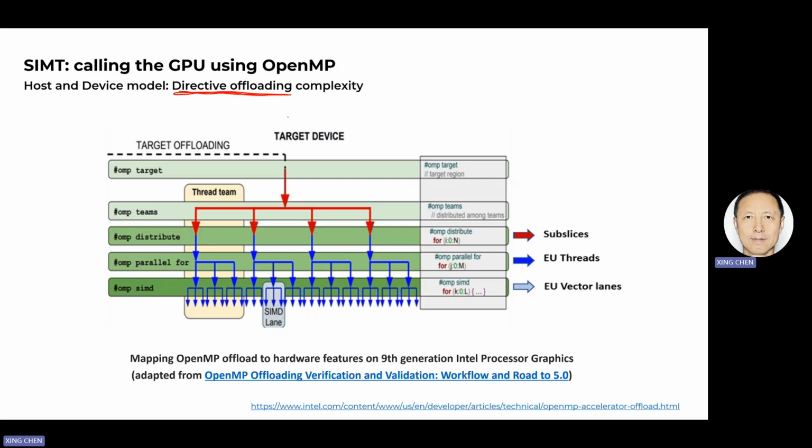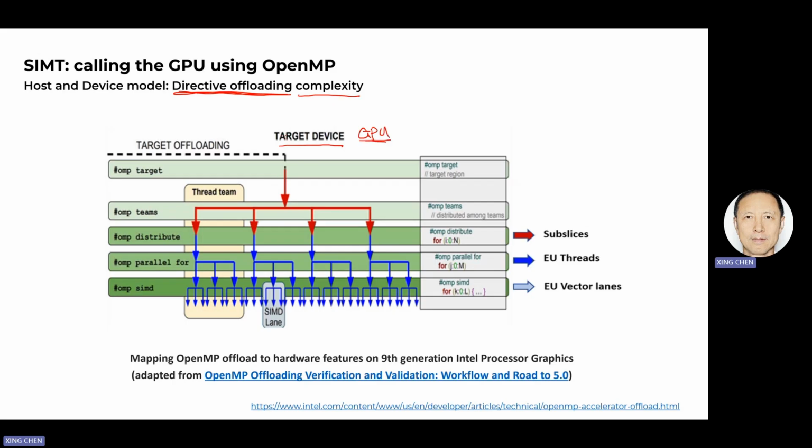But it's not simple. This time, with directive offloading, the complexity is with OpenMP. We have got this picture from Intel. I think it's better to show you the complexity by using this picture. If you have workload to offload to the GPU, this is the target device. Target device means GPU, pretty much, for OpenMP.